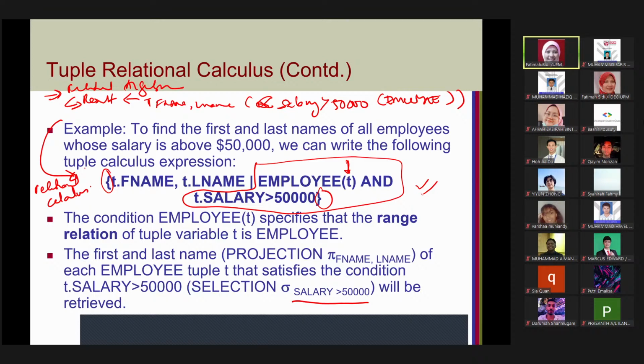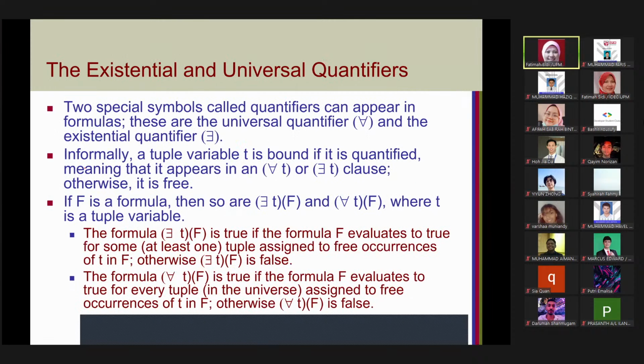Okay, let us move to another slide. This one is on the existential and the universal quantifiers of the relational calculus. You will have two special symbols called quantifiers, which appear in the formula.